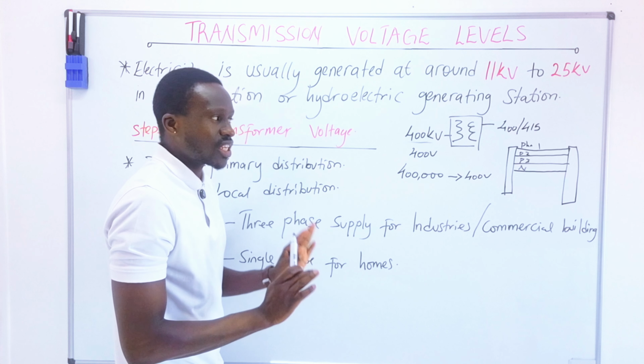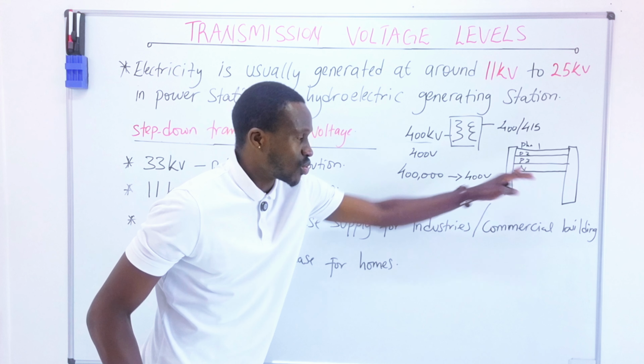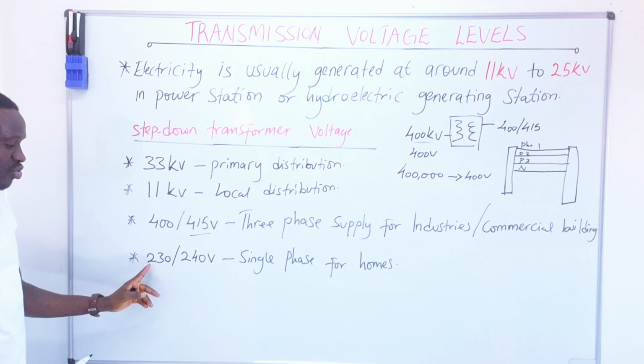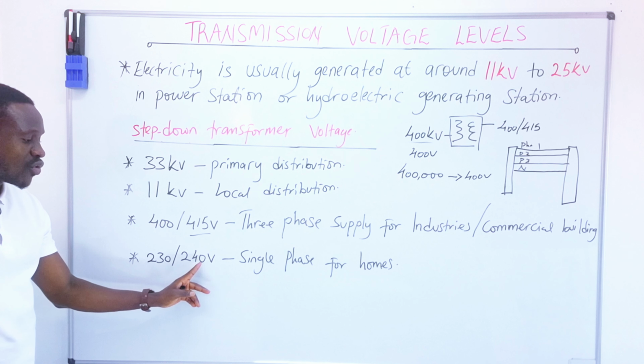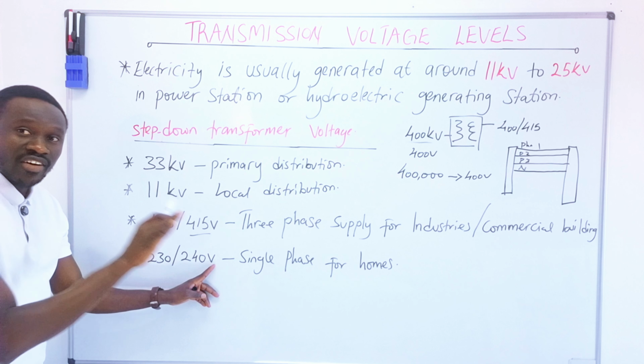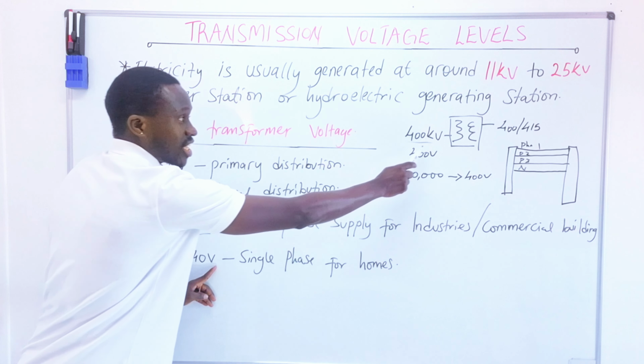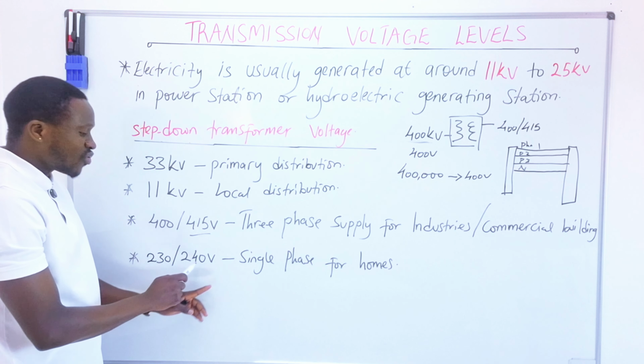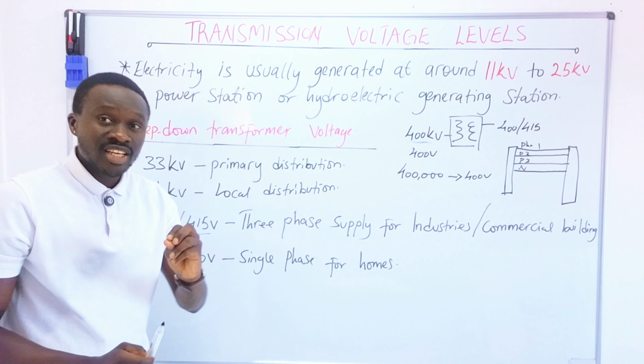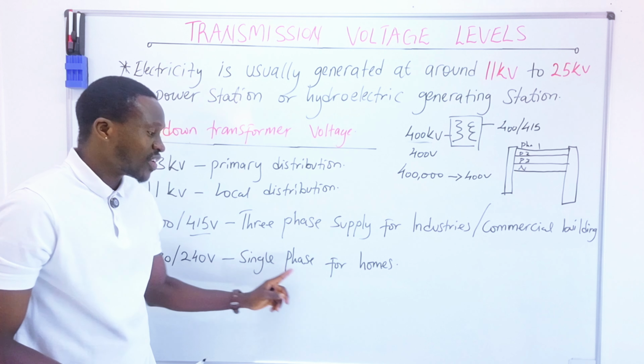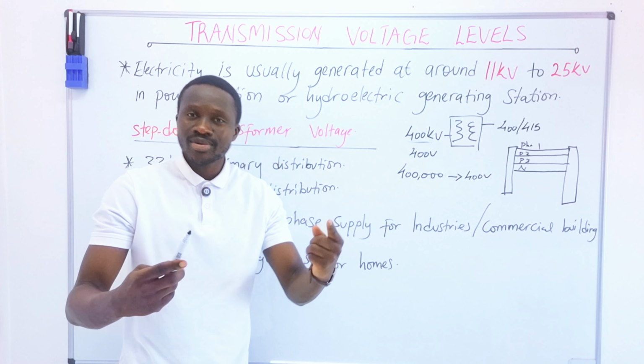Just know that is a three-phase system, even with the neutral. Now, if it comes to 230 to 240 volts, when they have stepped down this voltage to 240 volts, this is a single phase, which is the one we use in our houses.